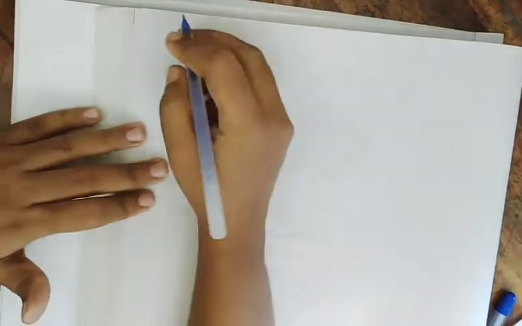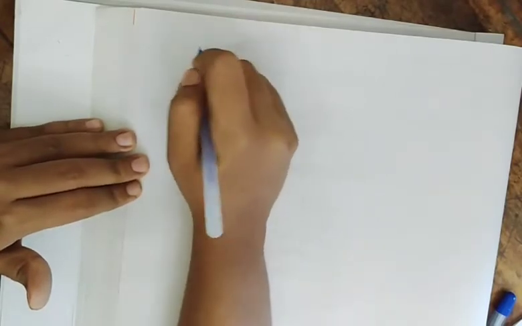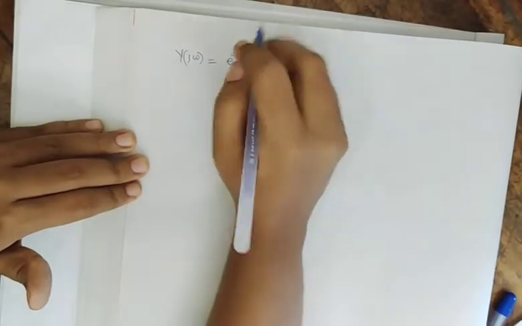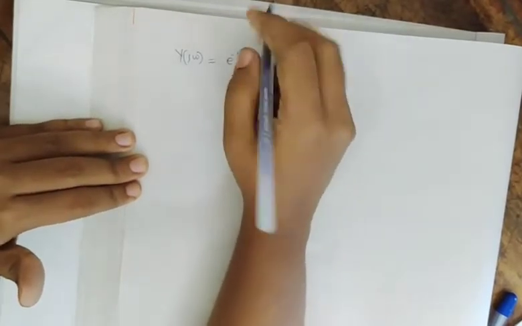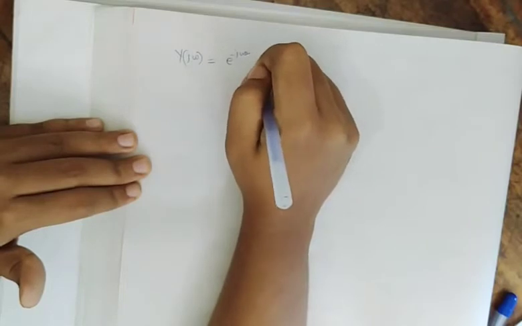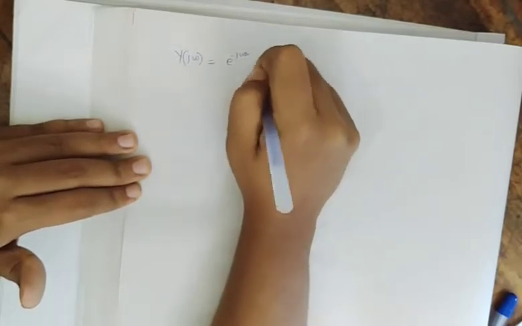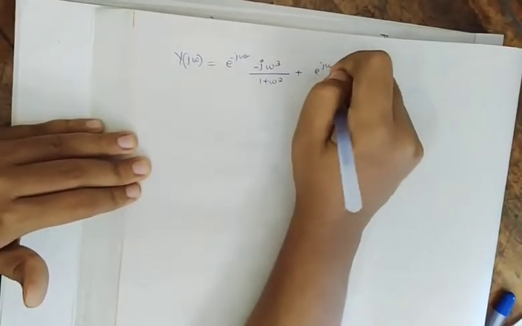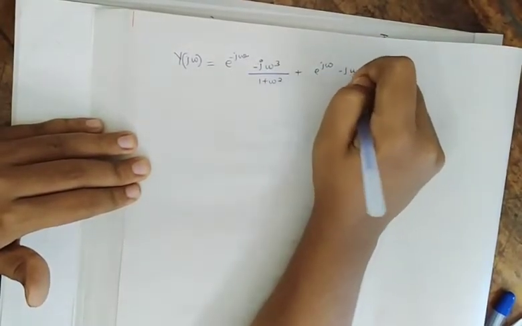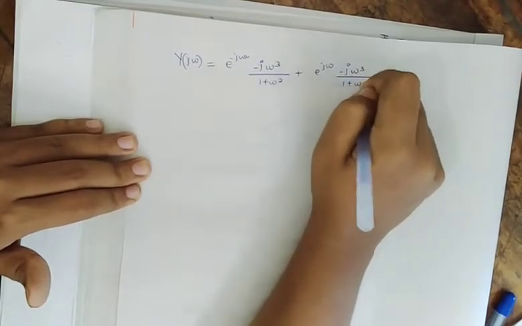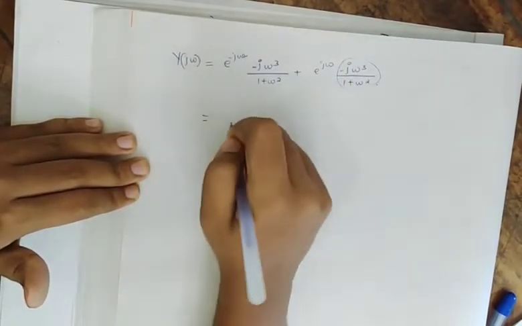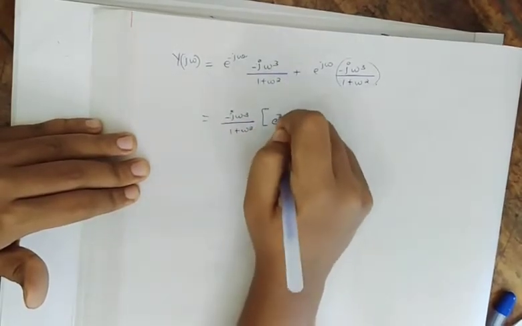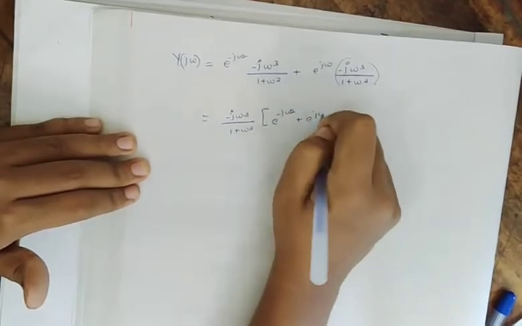So I'll get Y of j omega equal to minus j omega cubed divided by 1 plus omega squared times e raised to minus j omega, plus minus j omega cubed divided by 1 plus omega squared times e raised to plus j omega. Here this is common, right? I'll take it outside. We'll get minus j omega cubed divided by 1 plus omega squared times the quantity e raised to minus j omega plus e raised to plus j omega.